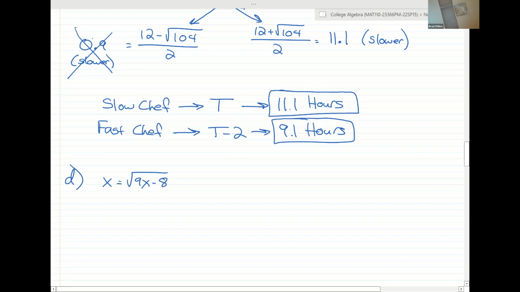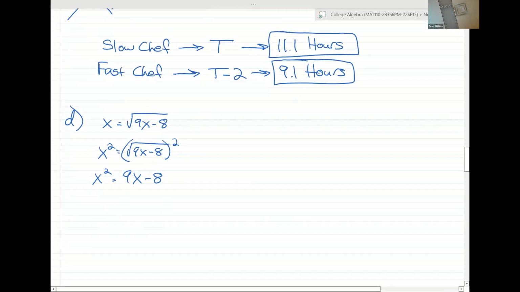So we talked about solving square roots before. What we said is if we square both sides, we just get x squared is equal to 9x minus 8, so x squared minus 9x plus 8 equal to 0.